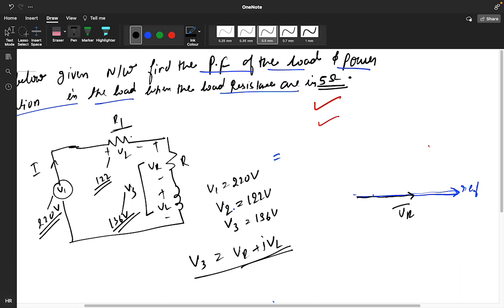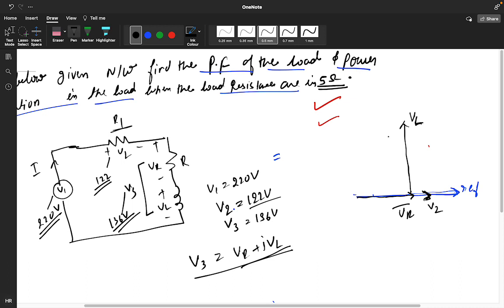This is also resistance, so V2 will come somewhere here, because the V2 value will be somewhat high. And what about your VL? VL will lead by 90 degrees, anti-clockwise.